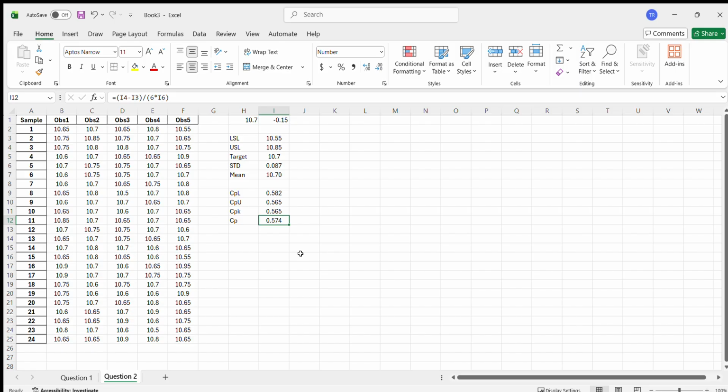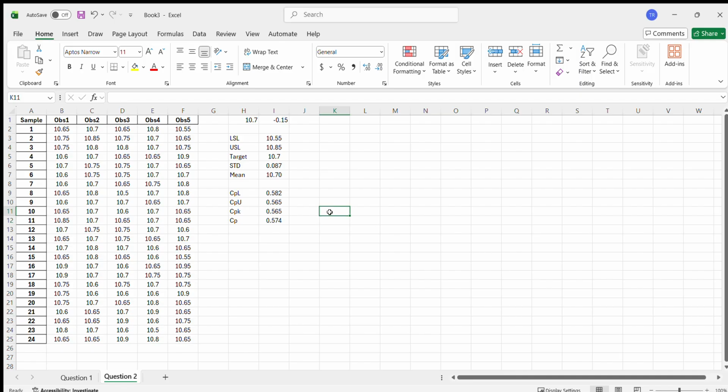So now what we're looking for is that if our CP is less than 1, then it is not capable.